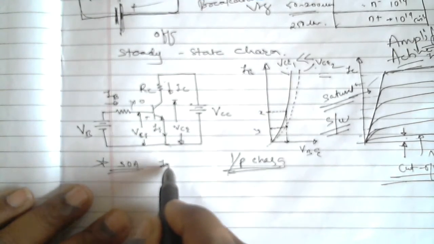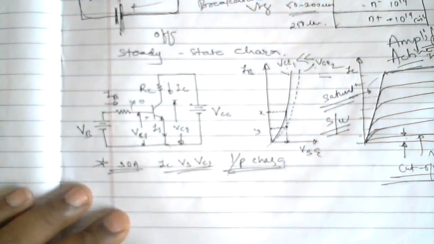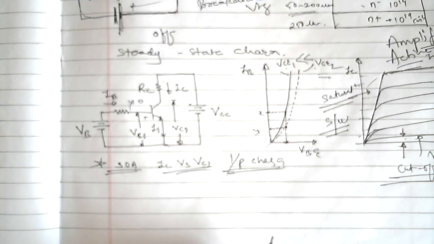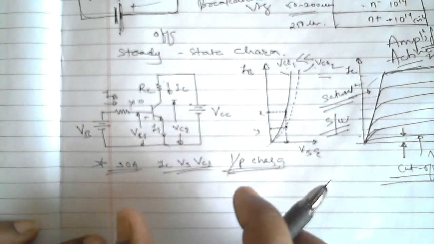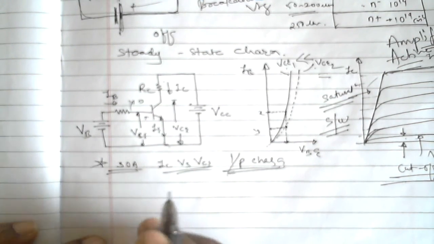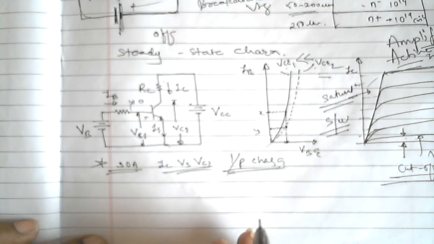For reliable operation of the transistor, the collector current and voltage must always lie within this defined area. If you exceed that area, there can be some malfunction or some problem can happen.